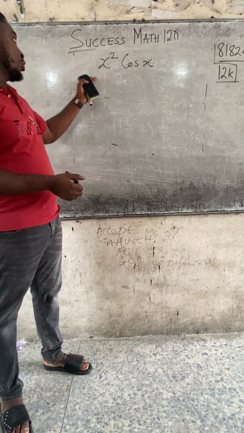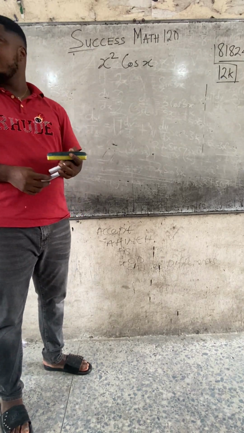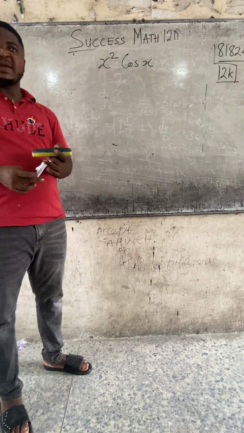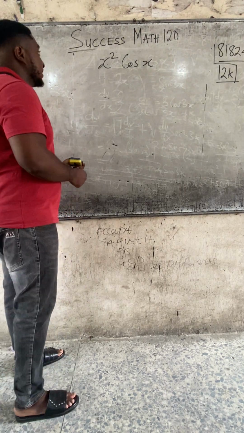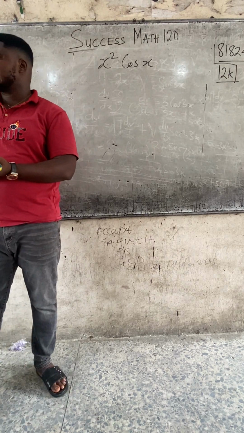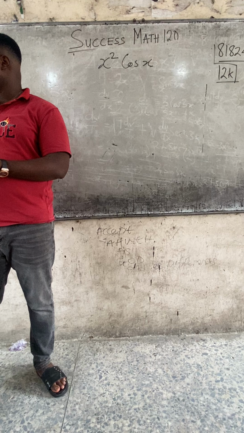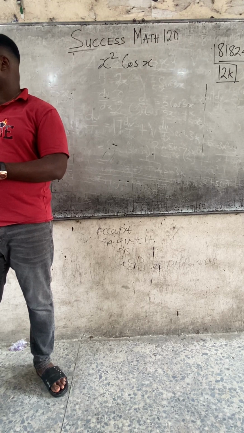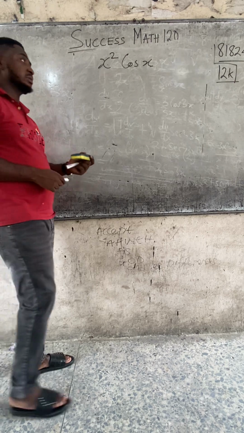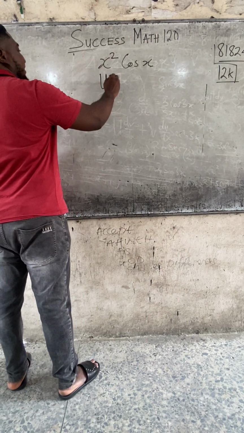Call the first person U, call the second person V. So U is x squared, right?